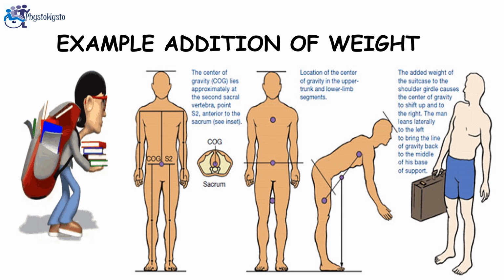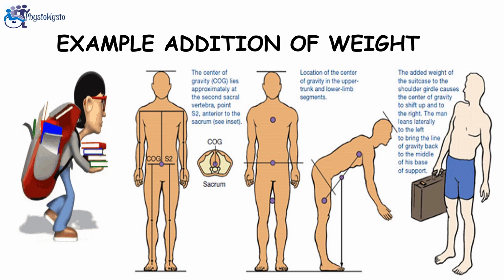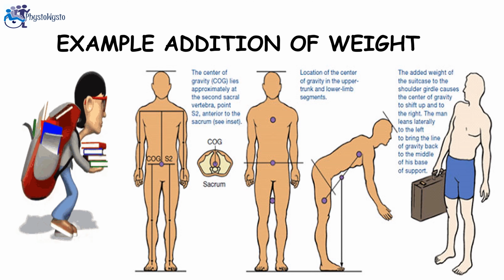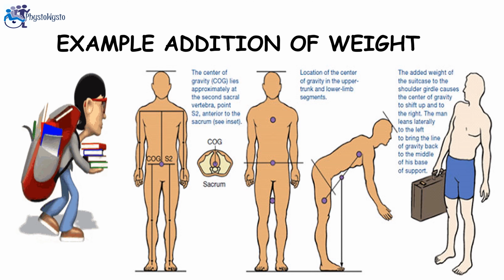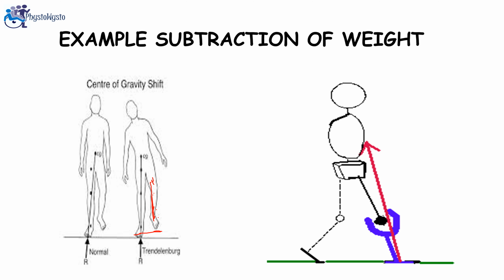Did you ever notice that if a person carries a backpack or a heavy weight on his back, he leans forward? It is because the center of gravity moves backward, and as a compensatory mechanism, the person moves his trunk forward to prevent falling. In amputation, the center of gravity moves away from the amputated limb towards the healthy side.